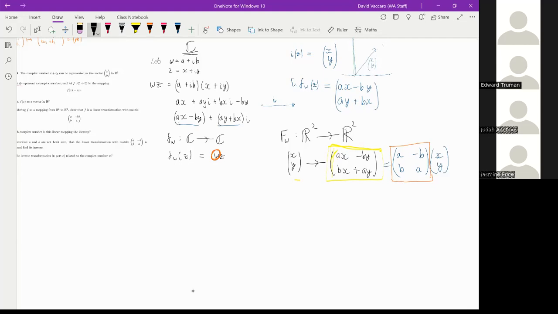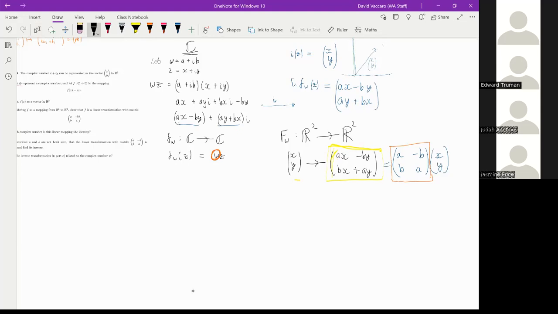So in some sense, this matrix (a, minus b; b, a) represents the complex number w.